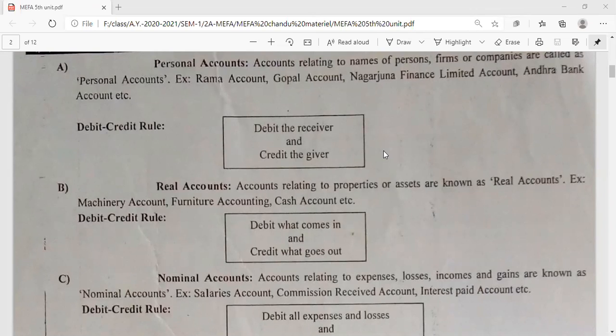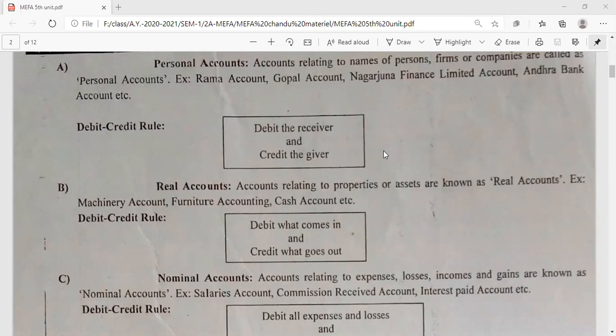Generally, if you have some profit, you will be storing some value of money in some bank's account. And if you have taken money from some other person, that may be a person or some finance company, you have to pay money back every month in the form of EMI, right?